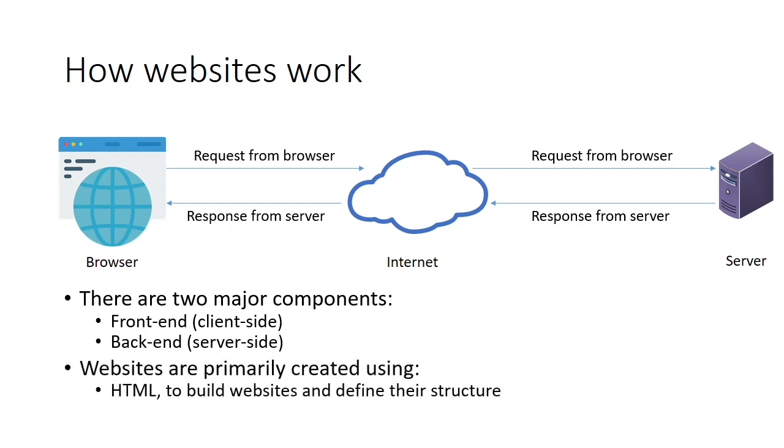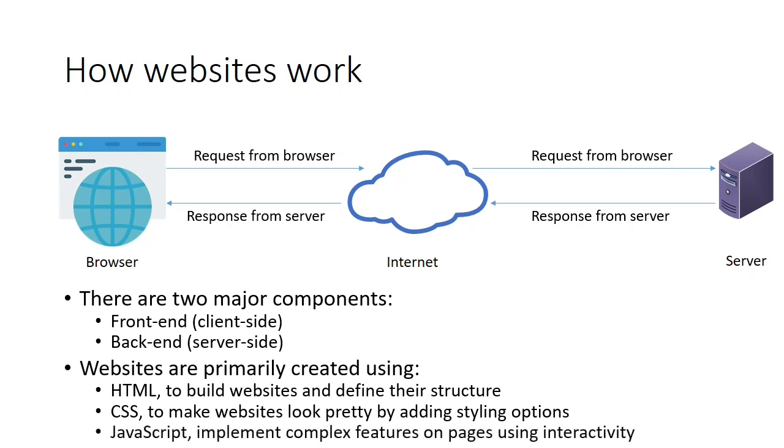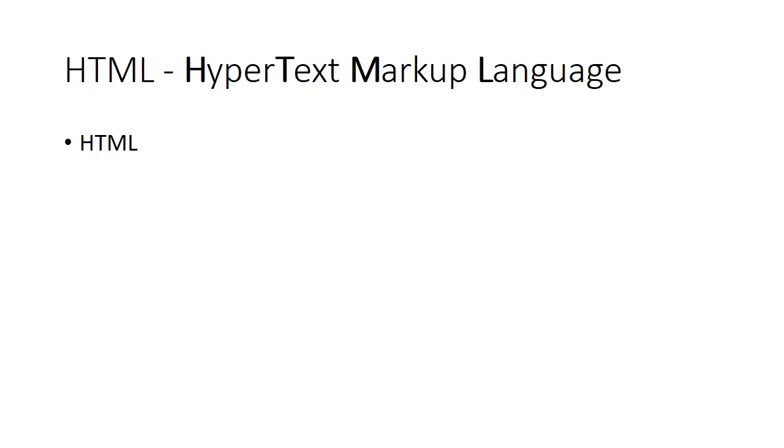Websites are primarily created using HTML to build websites and define their structure, CSS to make websites look pretty by adding styling options, and JavaScript to implement complex features on the page using interactivity. So what is HTML?